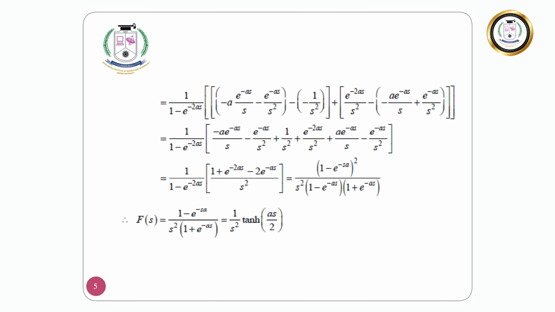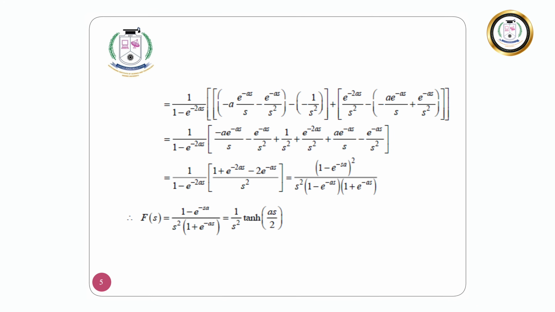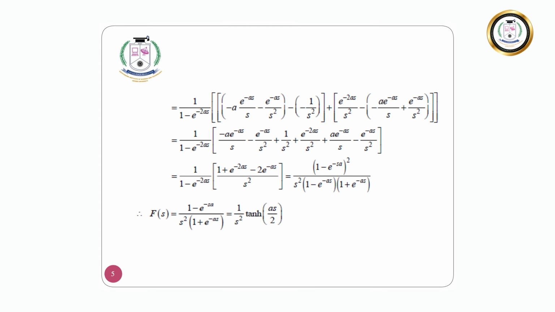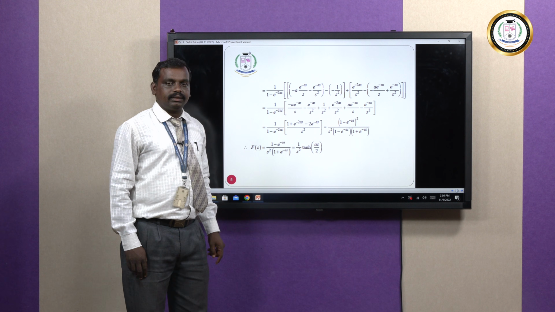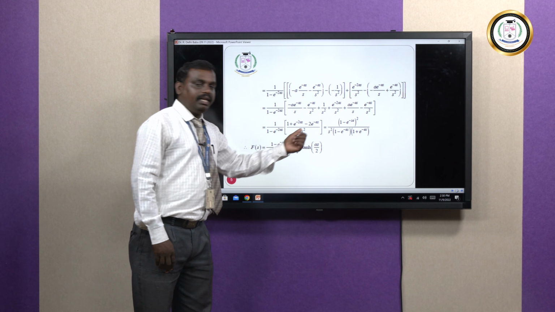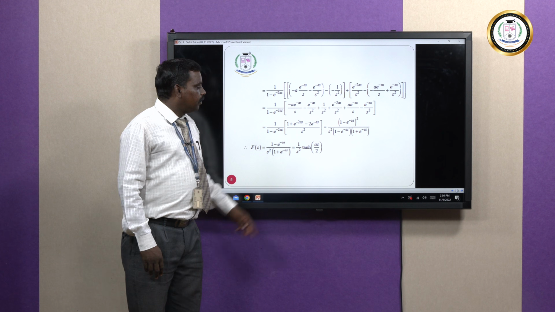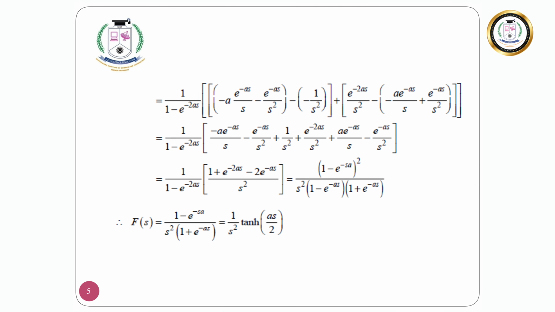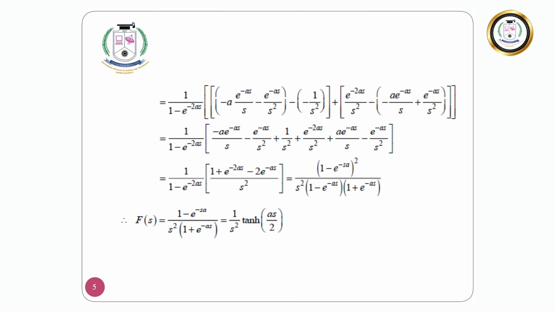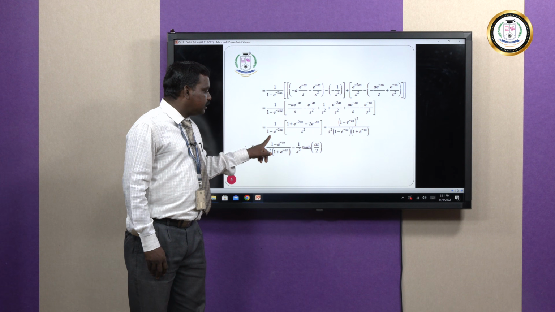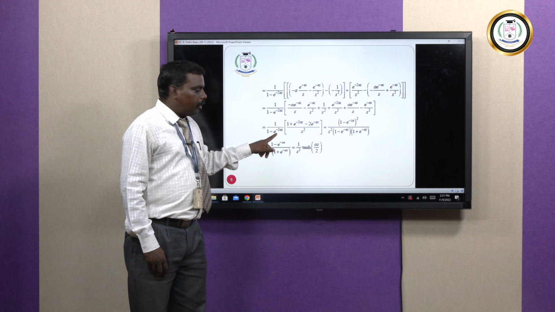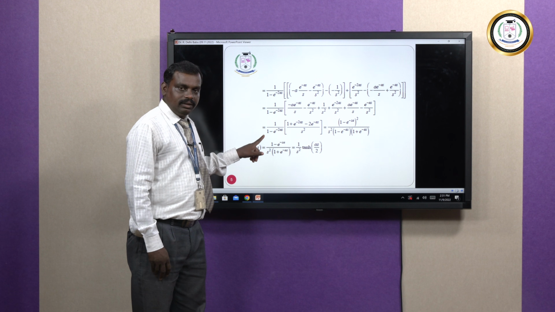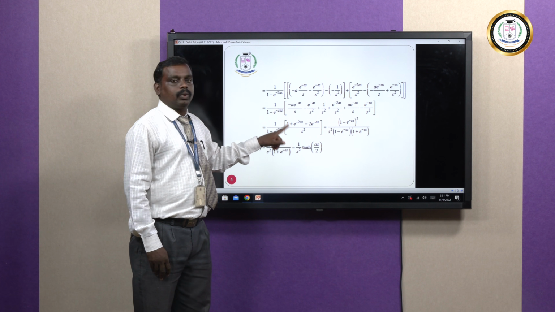See the second term and last term both are same, that's why minus e power minus as by s square minus e power minus as by s square is minus 2 times e power minus as, the whole divided by s square, which is, now this is of the form a square plus b square minus 2ab, that means a minus b whole square. By the denominator, this 1 minus e power minus 2as, for my convenience I will write it as 1 square as 1 minus e power minus as whole square.